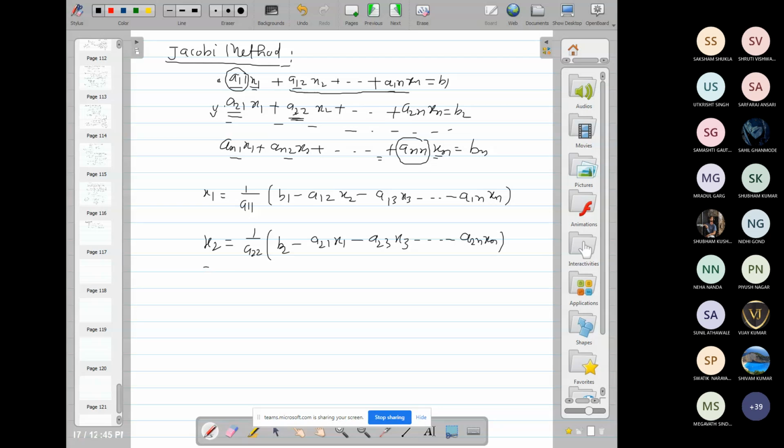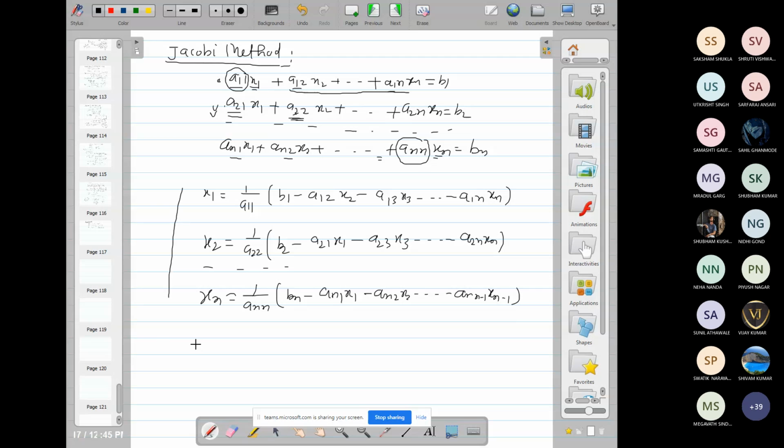In this way, xn is equal to 1 upon ann times bn minus an1 x1 minus an2 x2 up to minus an,n minus 1 xn minus 1. So we have this system of equations.